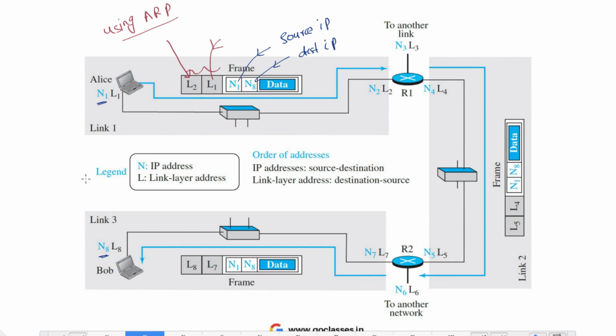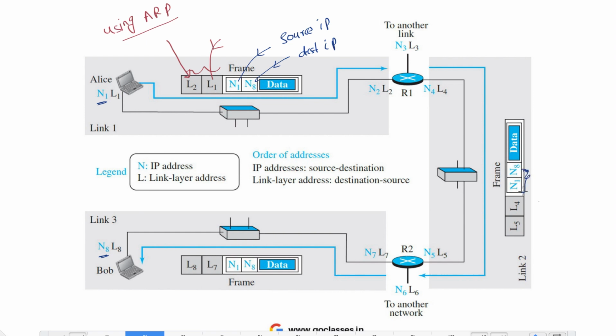So using ARP you will be getting L2, and this L2 will sit in the header of data link layer. Now if you transmit this packet to R1, then R1 has to forward this packet to, let's say, R2. Then in this case this N1 and N8 are always fixed.